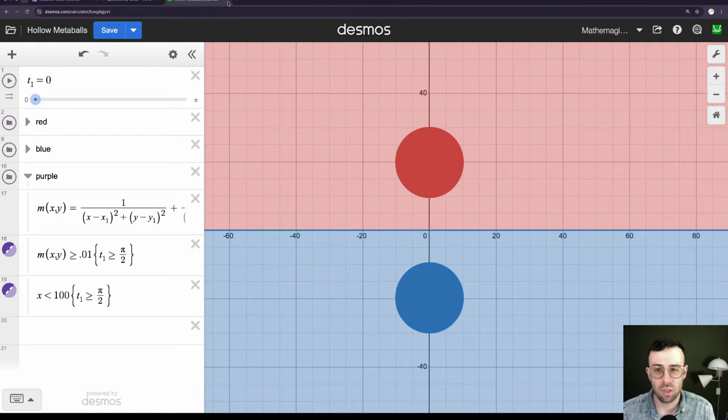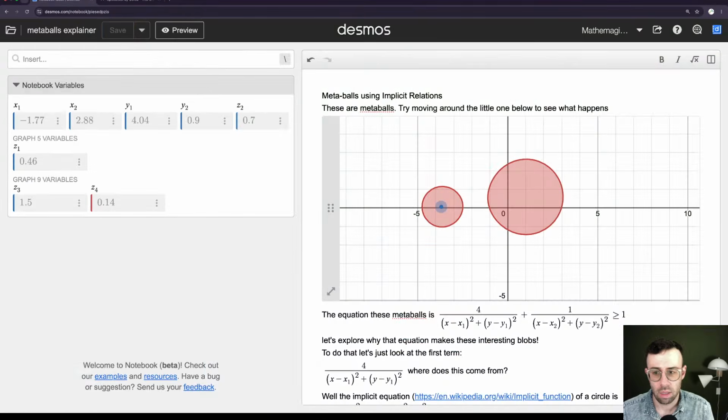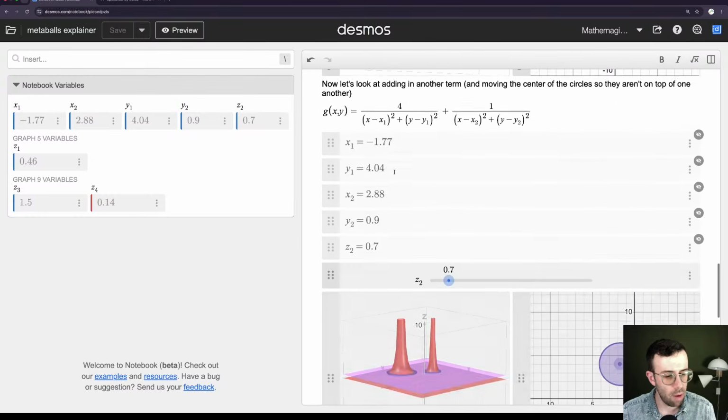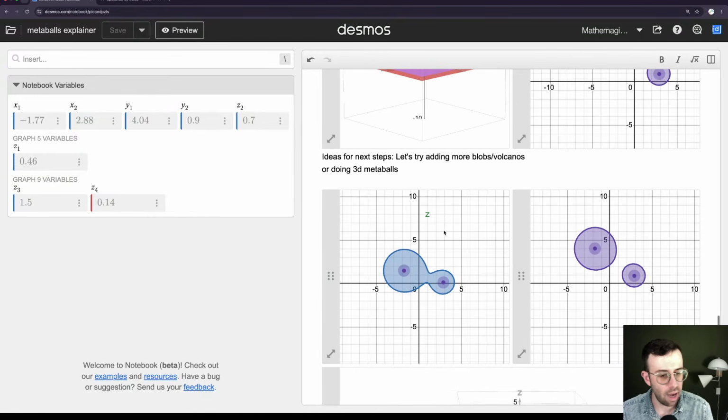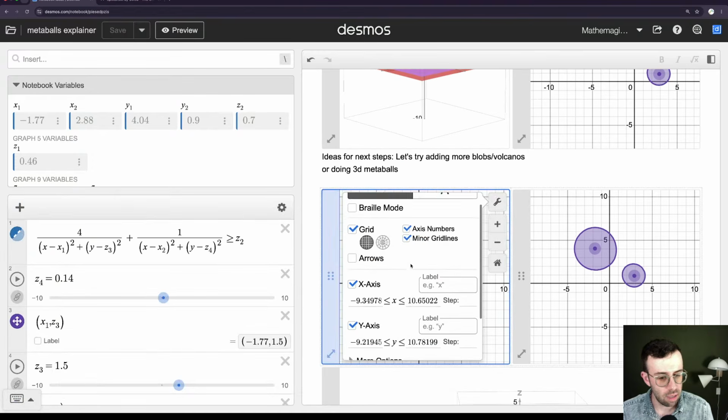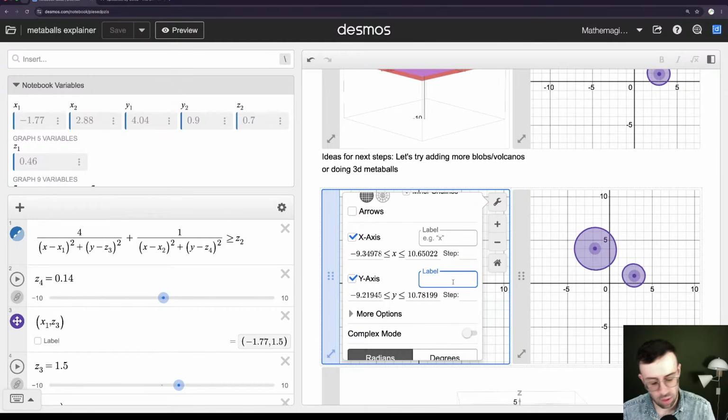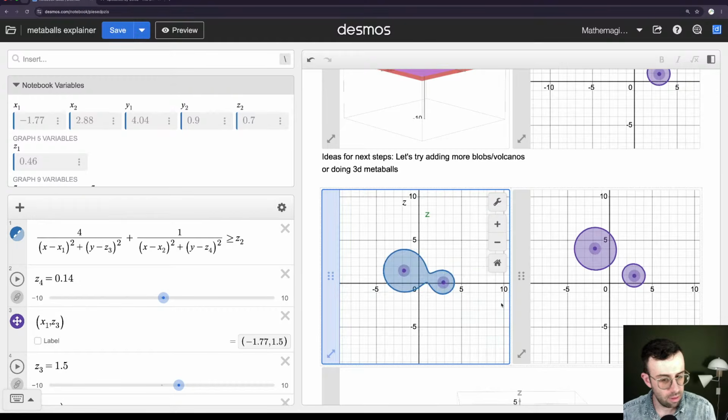Although, did I explain the 2 volcano thing? Let's see. Oh, yeah, the wrench has a label for axis. Okay, wait. But I want it to be named Z, not Y, because it's the Z axis. Oh, I can... okay. Ooh.